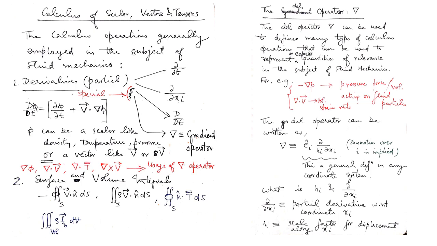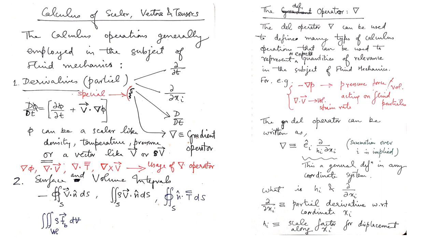Now, the last integral is a volume integral. The first three were surface integrals, and then you also have volume integrals. For example, if you have a body force field intensity FB, you multiply by rho and integrate over a certain instantaneous volume or region in the fluid domain, then you get the instantaneous body force acting on the fluid contained inside that volume.